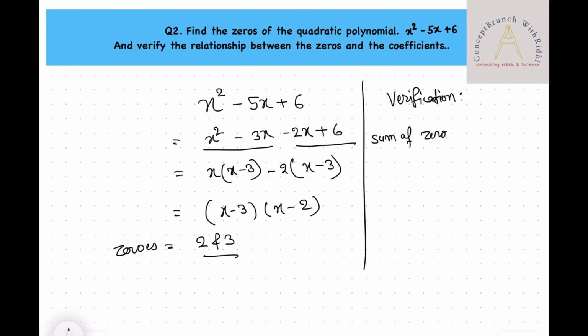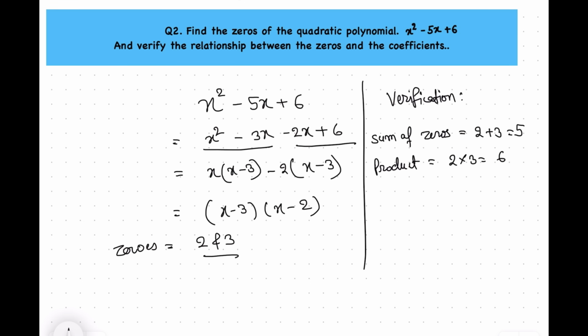Sum of zeros is what? 2 plus 3, that is 5, and the product we can write as what? 2 times 3, that is 6.